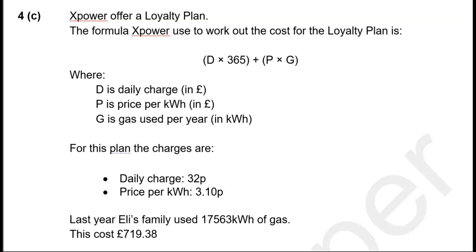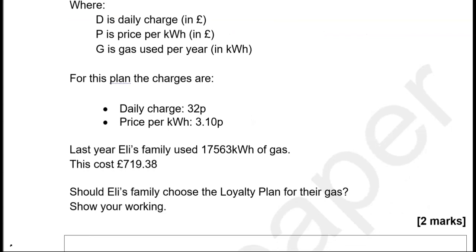For this plan, the charges are daily charge 32 pence, price per kilowatt per hour 3.10 pence. Last year, Ellie's family used 17,563 kilowatts per hour of gas. This costs £719.38. Should Ellie's family choose the loyalty plan for their gas?